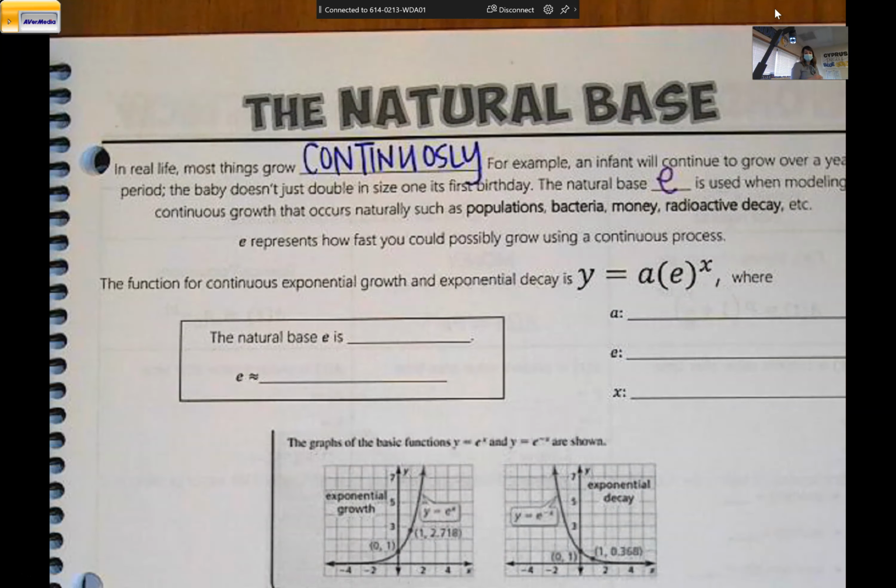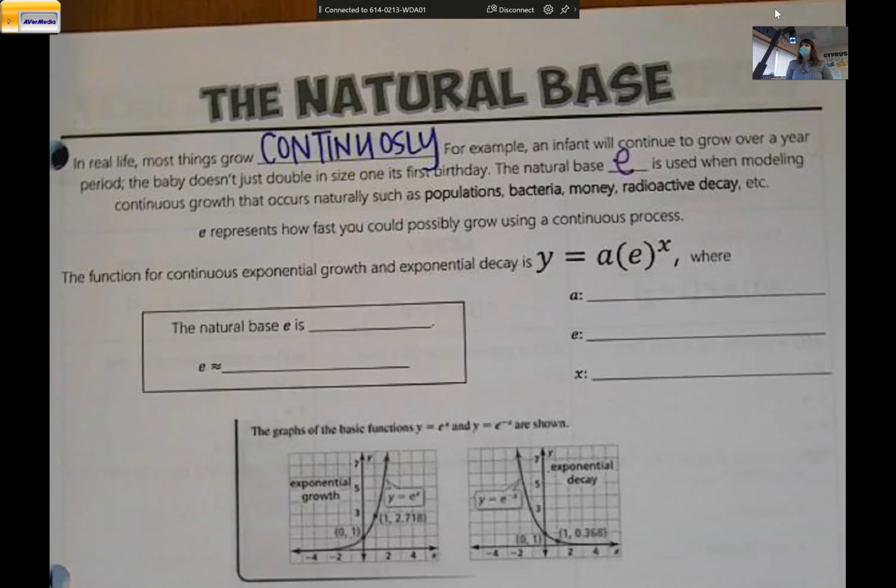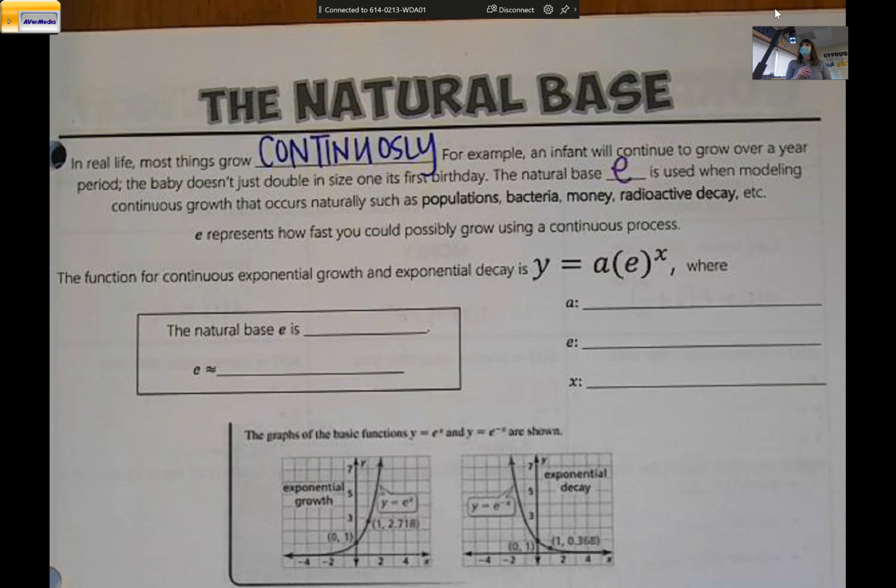is used when modeling continuous growth that occurs naturally. And hopefully some of you guys have seen this in science before, because things that grow naturally are populations, bacteria, radioactive decay. In our case, in the math-related fields, it's money. So it's finance, it's accounting.